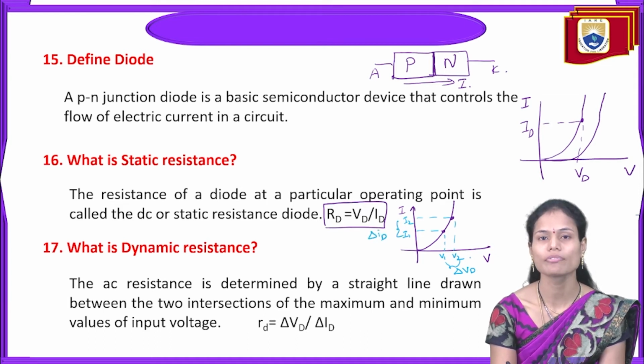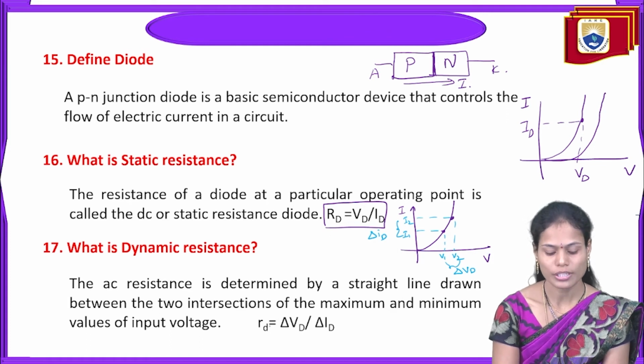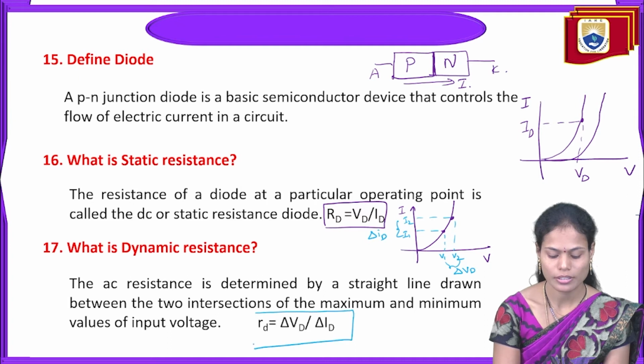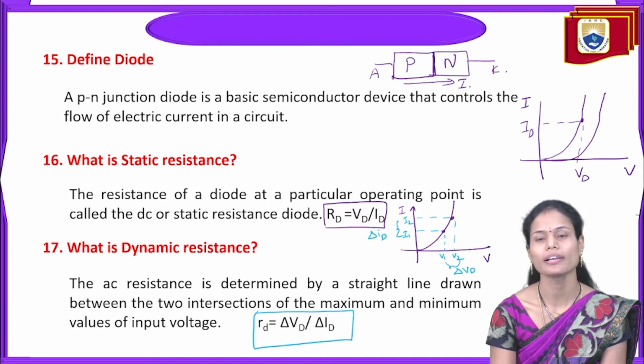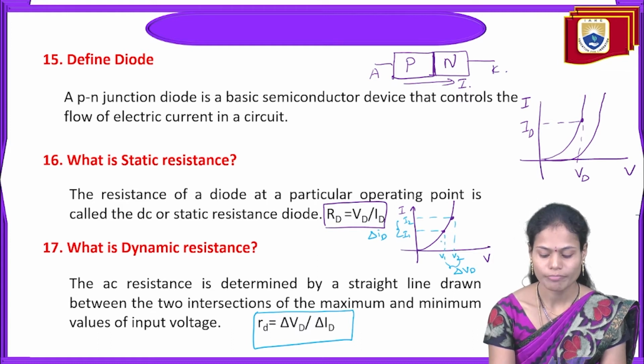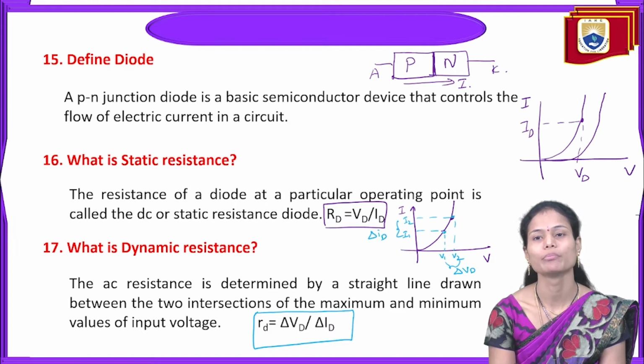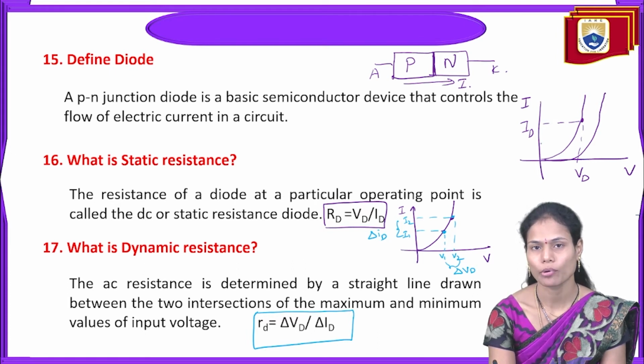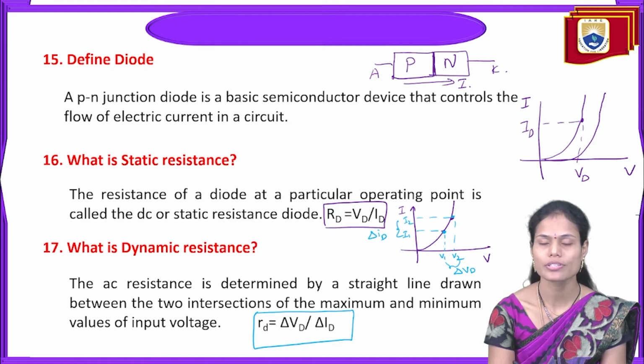The dynamic resistance is the variation of the voltage with respect to the variation of the current, written as delta VD by delta ID. It is determined by a straight line drawn between the two intersections of the maximum and minimum values of input voltage. So static resistance is at one particular point, but dynamic resistance indicates the variation of the voltage as well as the variation of the current in the diode.